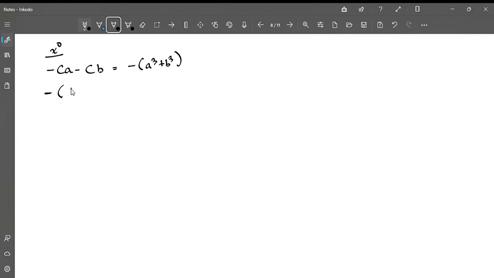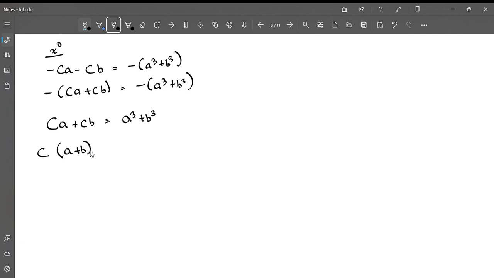Take minus out: ca plus cb equals a cubed plus b cubed. Then you can take c out. You will have c(a plus b) equals a cubed plus b cubed, like this. But this will make it a little complicated.